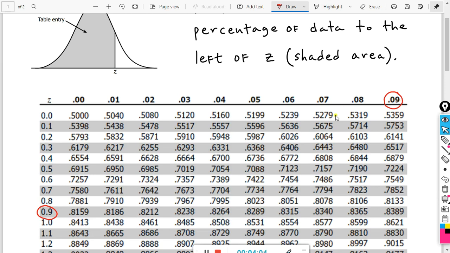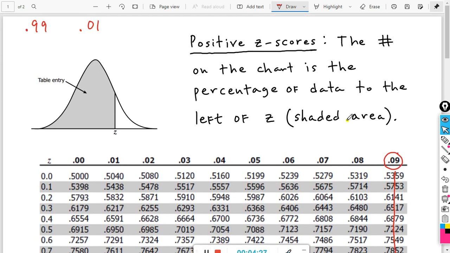All right, so from the 0.9, you just go across. Okay, and then from the 0.09, you just go down. And that number is 0.8389. Okay, basically, that gives us the area under the curve to the left of the z-score. All right, so we have 0.8389.